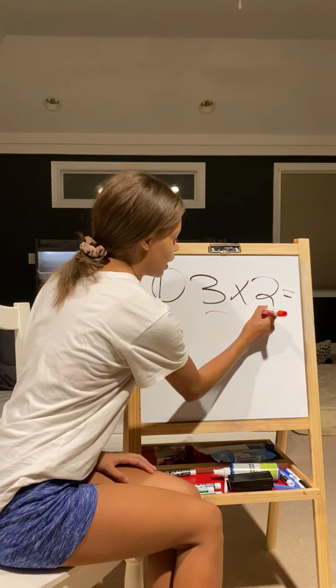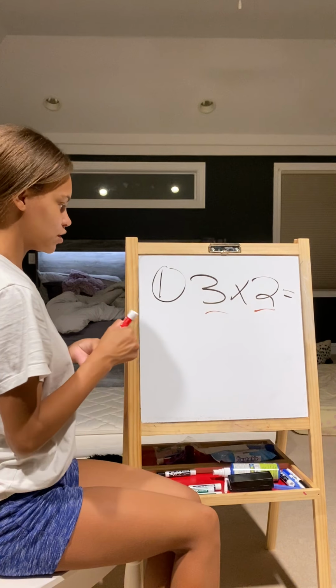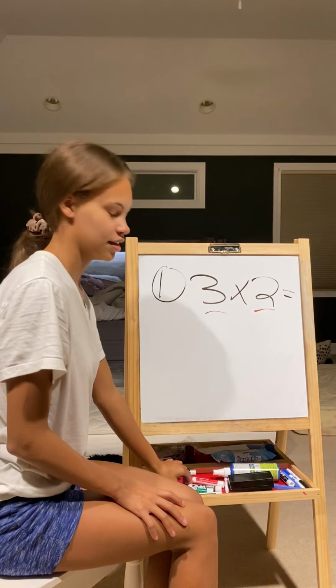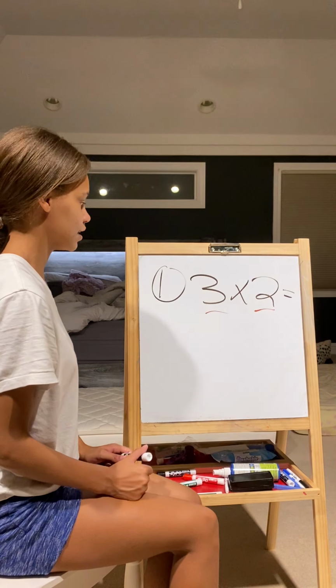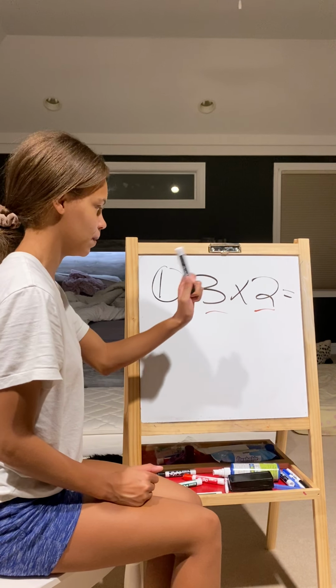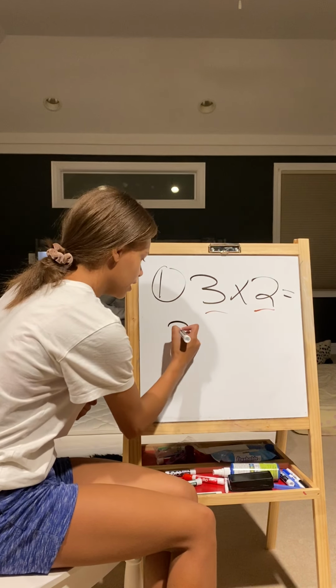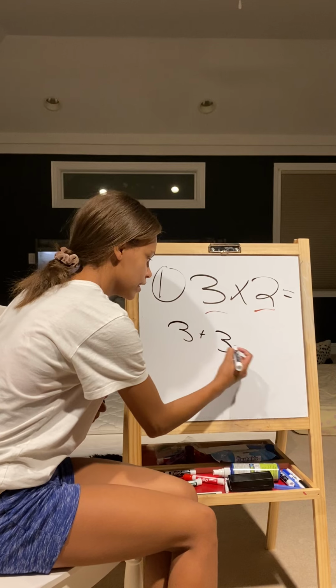So we have 3 and we have 2, okay? So we are going to use the 3 because it takes a lot less time to write 2 3s rather than 3 2s. So we're going to write 3 plus 3.